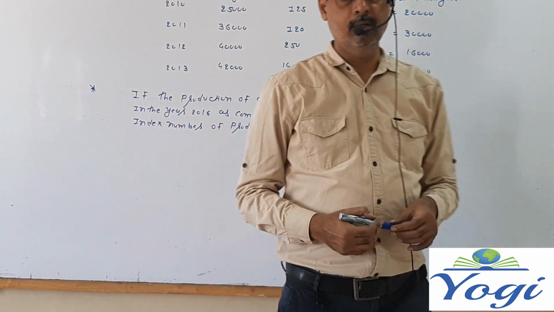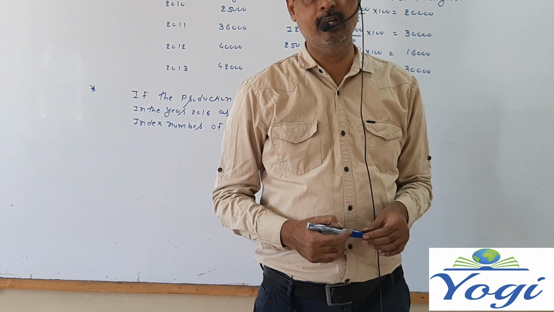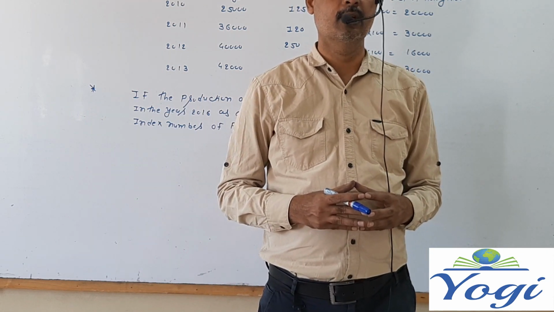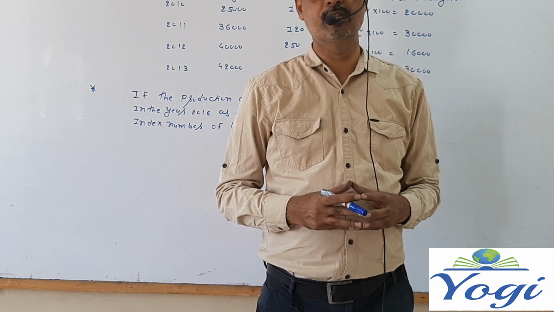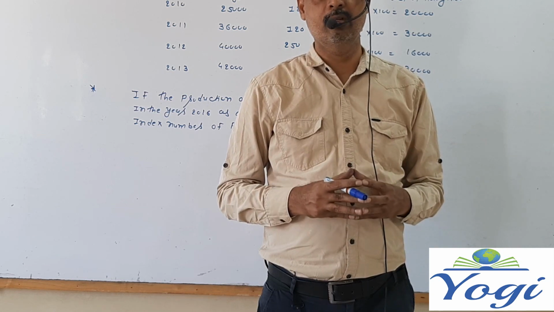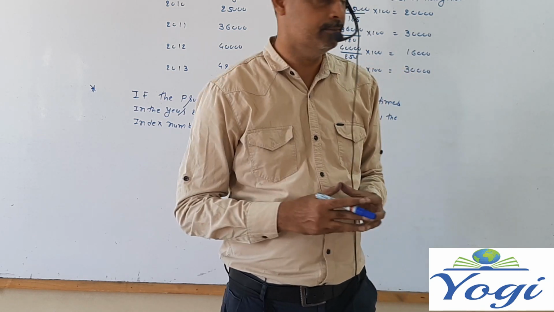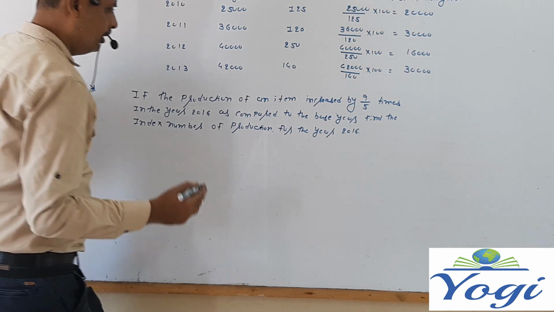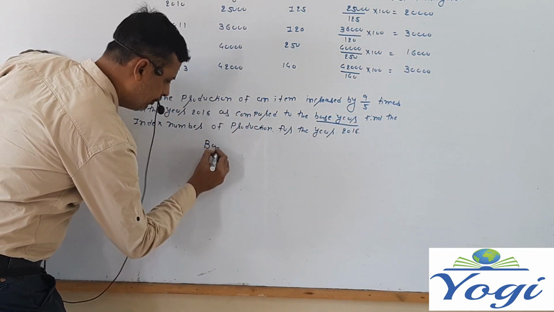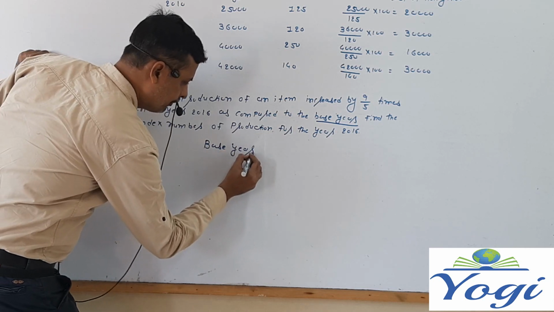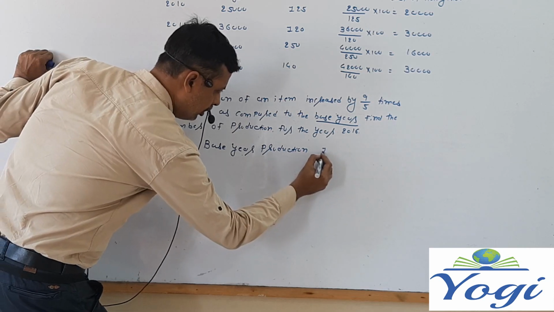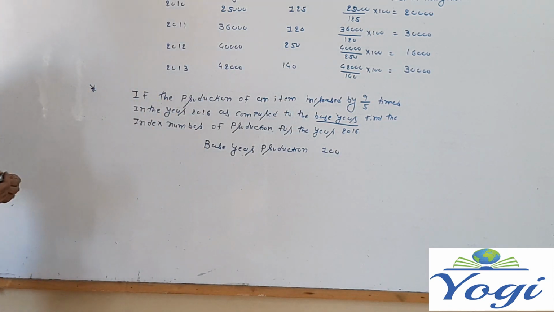In this example, the production of an item increased by 5 times compared to the base year. And as we all know, the base year index is always 100. Now here, what is given for the base year? The base year production or index is always 100.